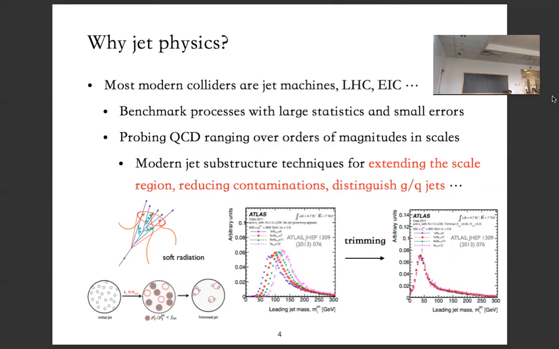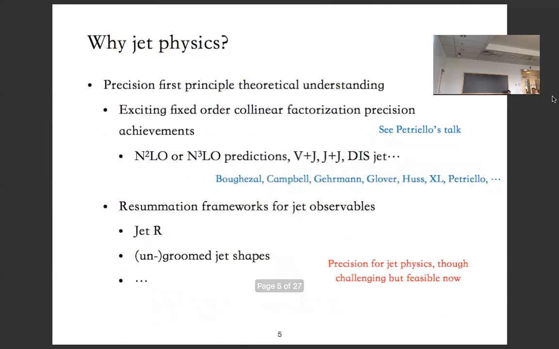Also, by using the jet substructure techniques, at some point it allows us to distinguish between the flavors of the jets, mostly to tell the difference between a gluon jet and a quark jet by using techniques like machine learning. Okay, so that's on the experimental side.